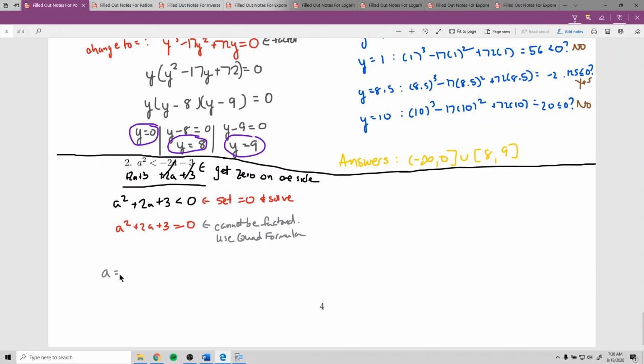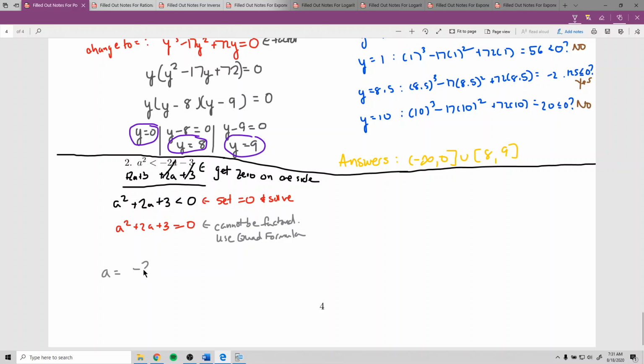So we get a equals, I know we use a, b, and c for the numbers in the quadratic formula. Hopefully you practice that enough. This is just representing our variable a this time. No big deal. We got negative b.